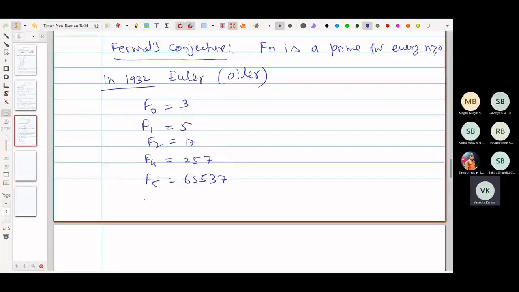He found that they are primes. Of course, it is very easy to verify up to f4, but in later stages it is difficult to find out.